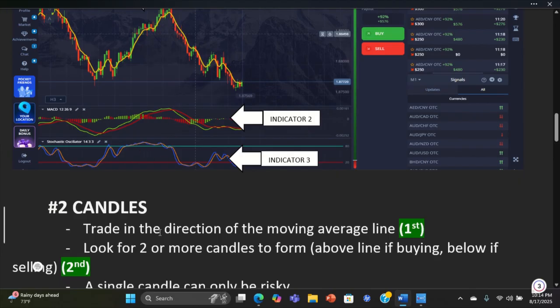Just a quick FYI. The second thing I look for is two or more candles to be formed either above that yellow if I'm looking for a buy, or, if it's a sale, I'm sorry, I want it to be below the yellow. When I say two formed candles, I'm not referring to under or above.